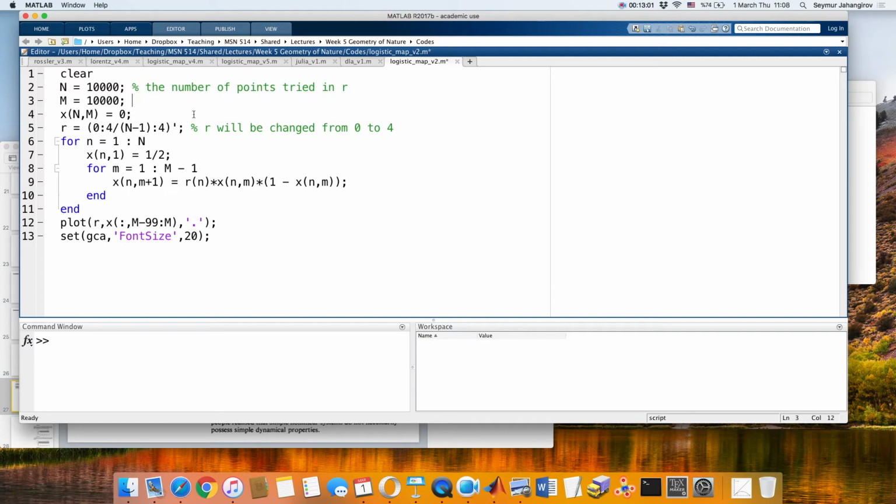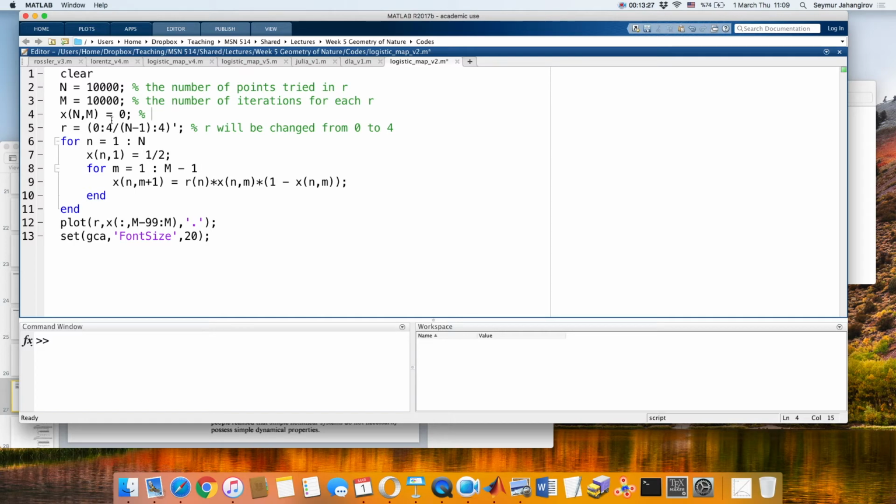And this is the number of iterations for each R.